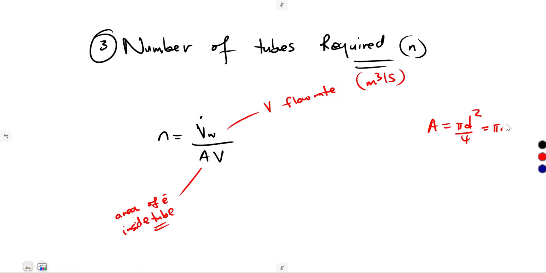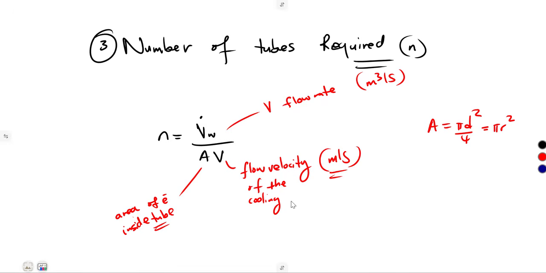From the radius, it's πr². All right, so that is when you have to calculate, and V is for the flow velocity in meters per second. So this is our flow velocity, meters per second. So that is the flow velocity of the cooling water inside the tube.